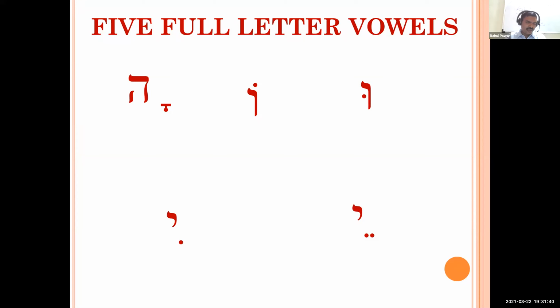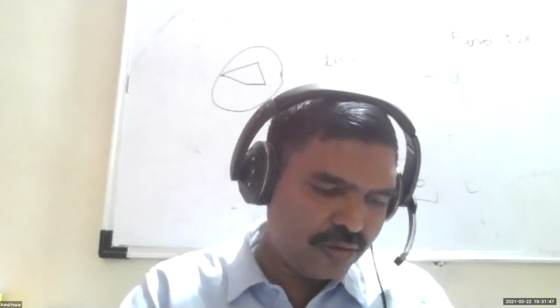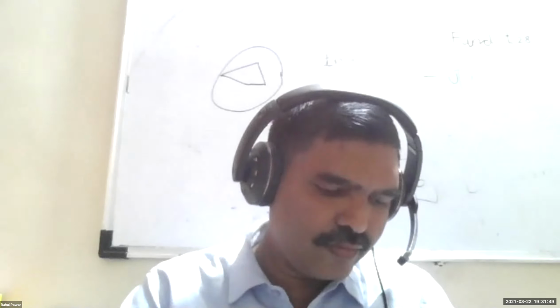Just 1 minute. Your question is how to write this Komets Hey, correct? Yes, we can write Komets Hey, but for the consonant Hey, for example, now I will write one word.